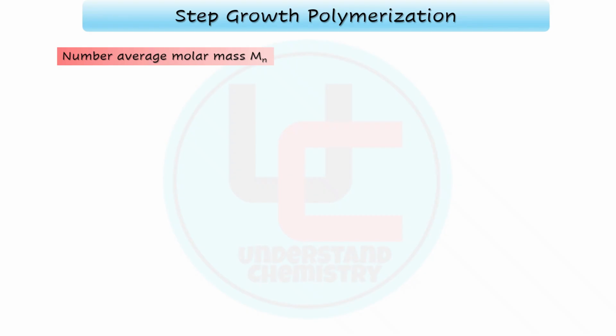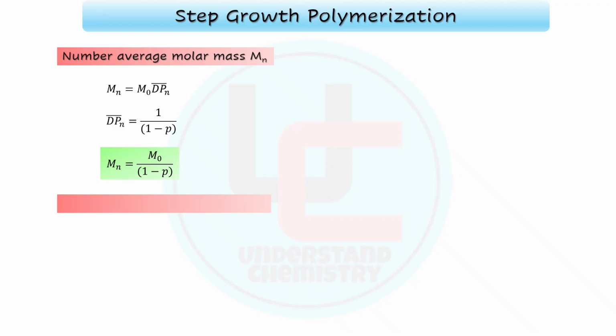First, the number average degree of polymerization is given by DPn is equal to 1 over 1 minus p, meaning that on average each polymer chain contains monomer units equal to DPn. Multiplying the degree of polymerization with the molar mass of the repeating unit m0 gives the number average molar mass. Mn is equal to m0 over 1 minus p.